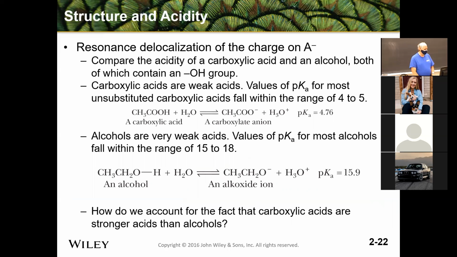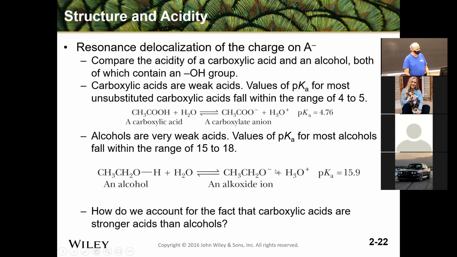Resonance stabilization is a big factor. Acetic acid, which is an example of a carboxylic acid, forms the acetate ion. Well, the acetate ion can spread that negative charge between both of those oxygens, and that's a highly stabilizing phenomenon. When an alcohol, such as ethanol, loses a proton, we get the alkoxide, or ethoxide ion in this case, and that negative charge has nowhere to go.